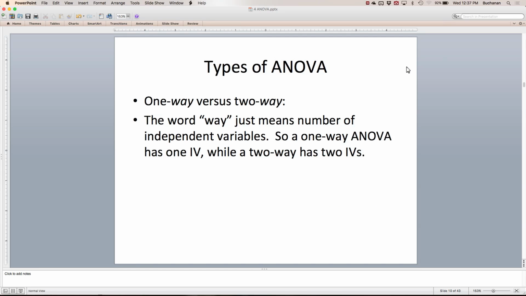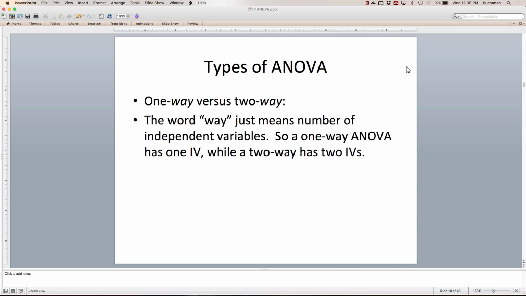All right. So it's a little more about types of ANOVAs. One-way versus two-way. This wording is slowly going away, which is good, because I think it's confusing. But the word way just means IVs. So I don't know why we don't call them one IV and 2 IV and 3 IV ANOVAs. That would be logical, but we don't.